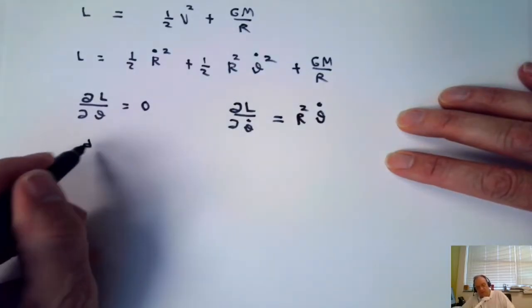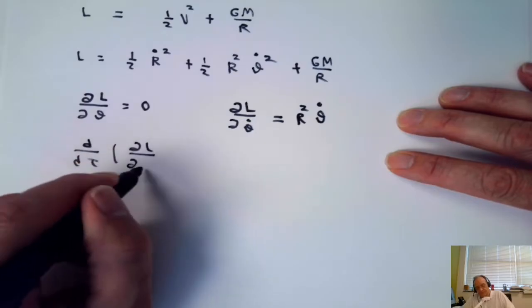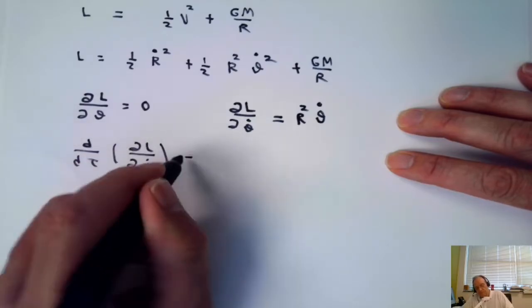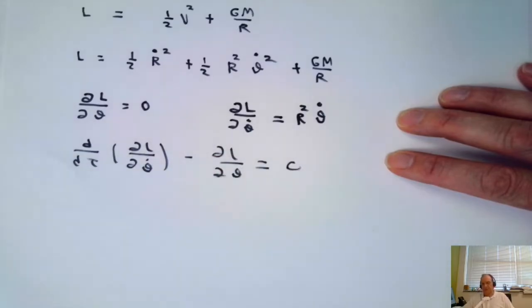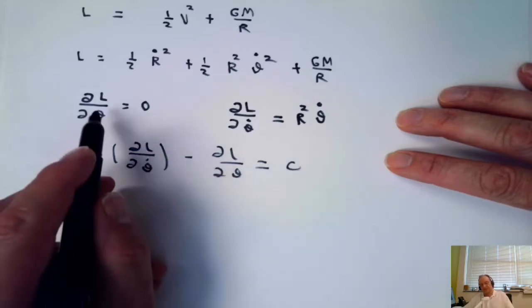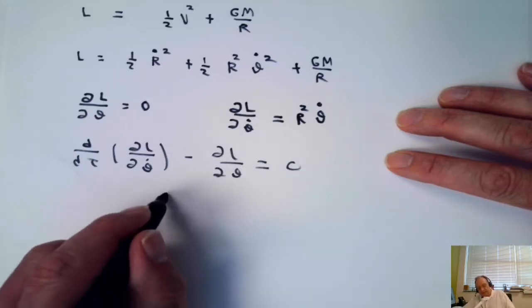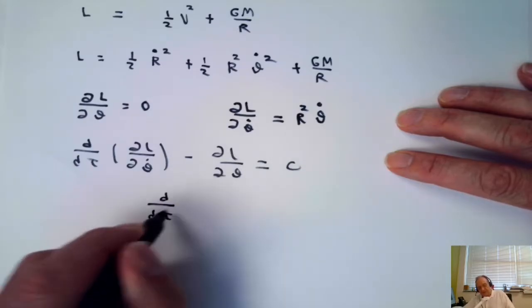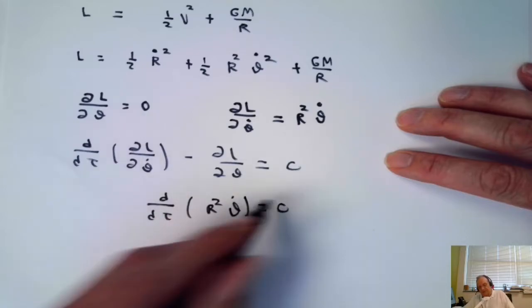The Euler-Lagrange equation for the theta variable is easy enough to figure out. Partial of L with respect to theta was 0 though, so I'll just stop writing that down. This says that the derivative with respect to t of r squared theta dot is 0.